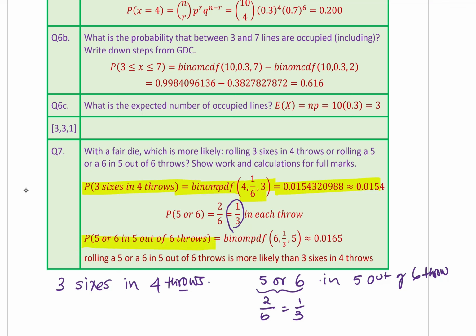So for 5 or 6 in 5 out of 6 throws, it will be binomial PDF 6. There are a total number of 6 throws, probability being 1 out of 3, and we need 5 of them to be favorable. So that gives you 0.165. Comparing the two numbers, which you just got, 0.154 and 0.165, it is very clear that rolling a 5 or a 6 in 5 out of 6 throws is more likely than 3 6s in 4 throws.